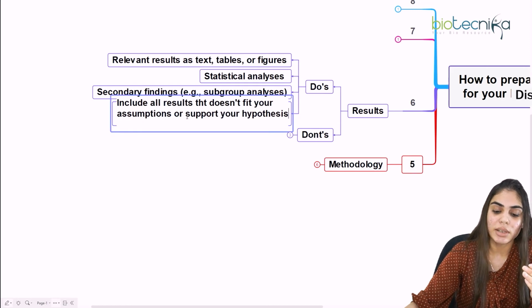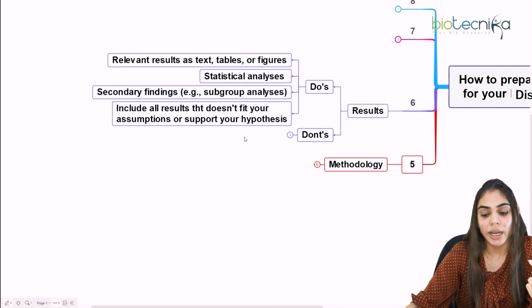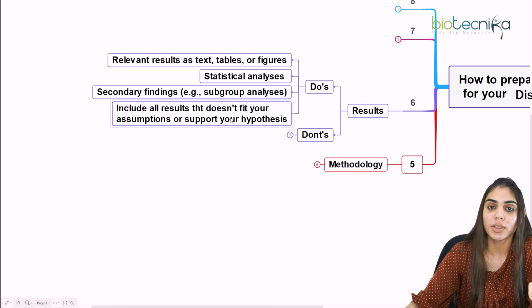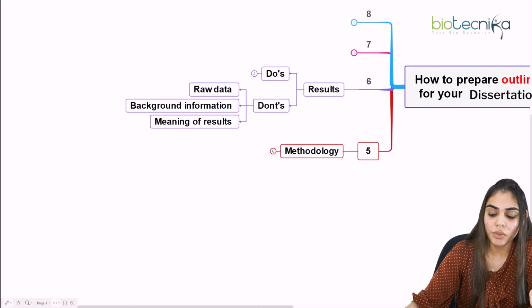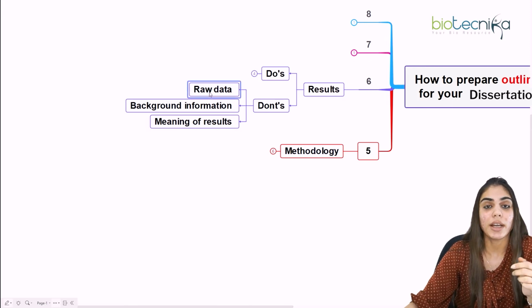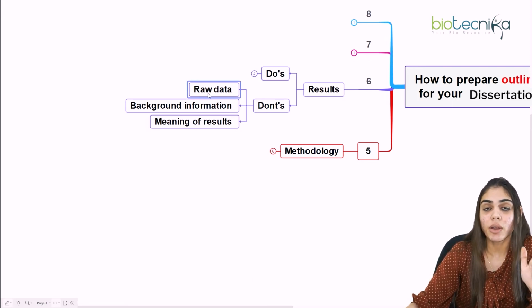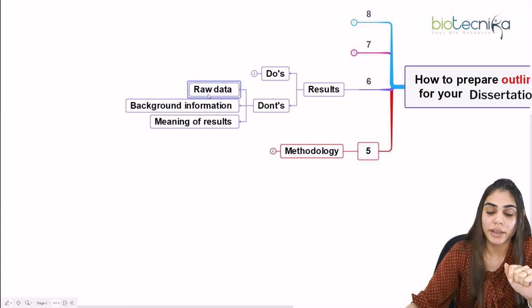If you have found the result you hypothesized, that's very good, and you can mention that too. And if you are not reaching your expected result, that also you need to mention here. So this is about the things you need to think about and should know when you're writing your results part. And what you should not write is raw data. Suppose we have got raw data and are about to use statistical analysis; never show your raw data in your results.